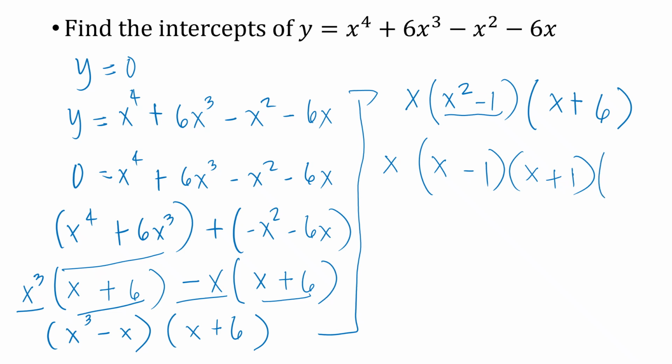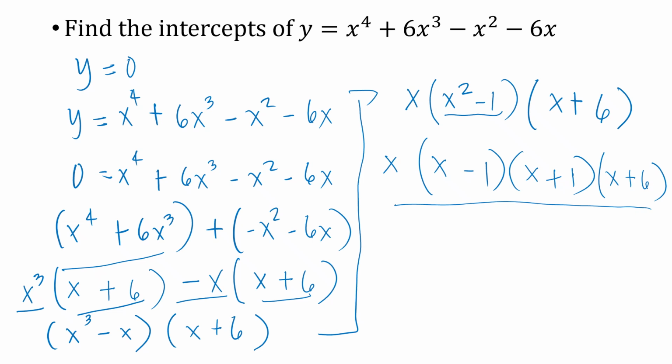Then copy x plus 6, diba? So x minus 1 times x plus 1 will result in x squared minus 1. Therefore, this will be the factored form of the given equation. So x times quantity x minus 1 times quantity x plus 1 times quantity x plus 6.